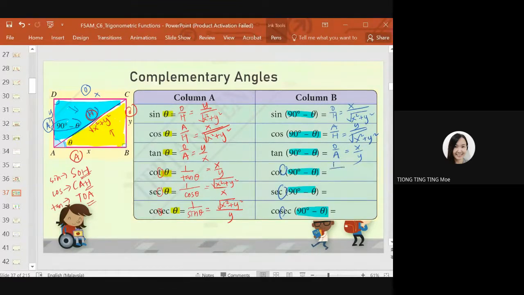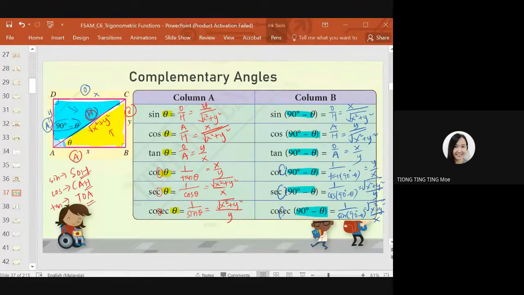So this is 1 over tangent of 90 minus theta, 1 over cos of 90 minus theta, 1 over sin of 90 minus theta. So what is it equal to? It is the reciprocal of the tangent: x over y becomes y over x. For cos, the reciprocal has y at the bottom, and for the other one, x is at the bottom.